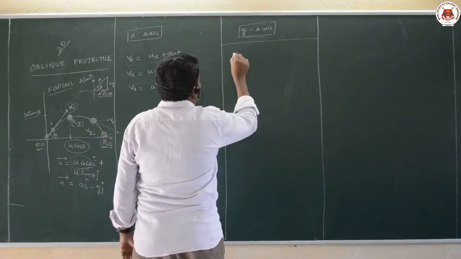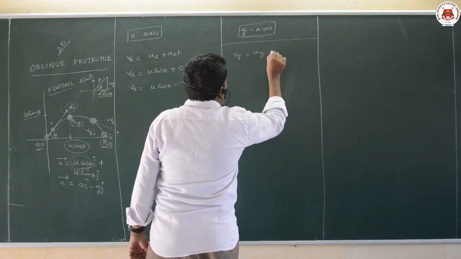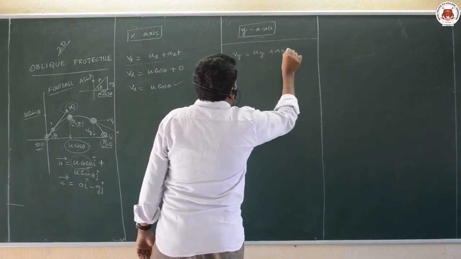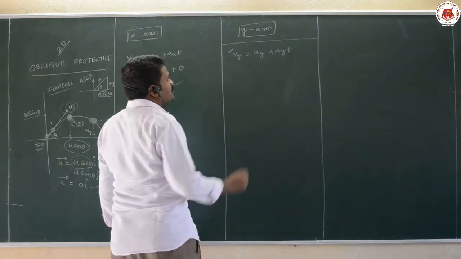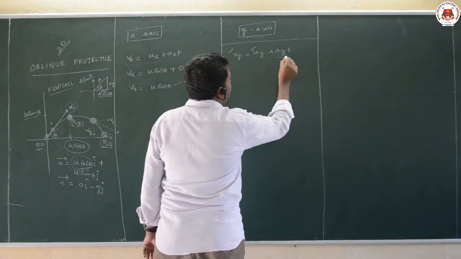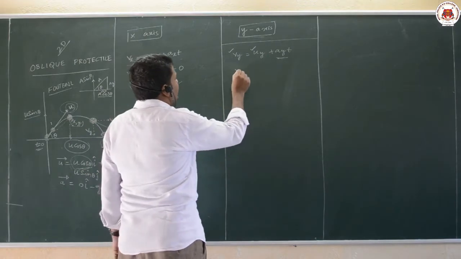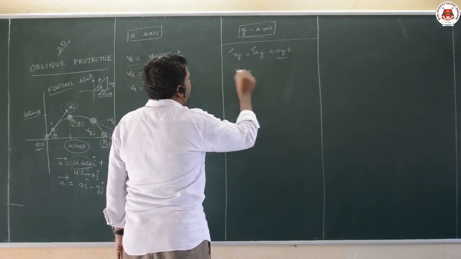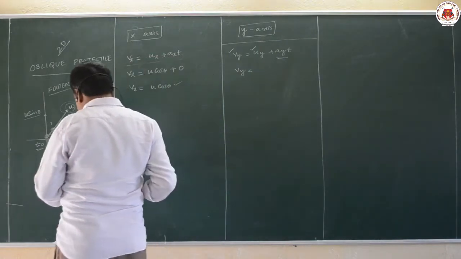Next, Vy is equal to, I can write uy plus ayt. That means the vertical component of final velocity is equal to the vertical component of initial velocity plus the vertical component of acceleration into time. So what is the velocity in y axis?